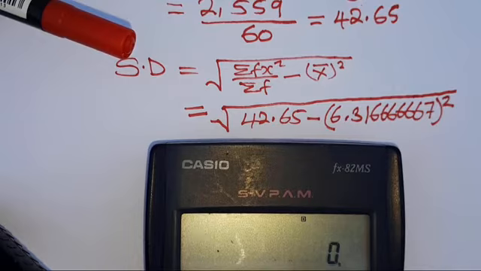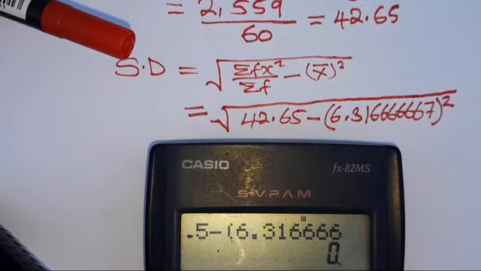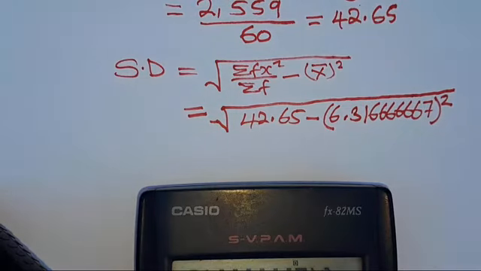So you get your calculator and say 42.65 minus, in brackets like this to avoid mistakes, 6.31666666 7. Then don't forget to square it like that. So what you are squaring is just the x bar.